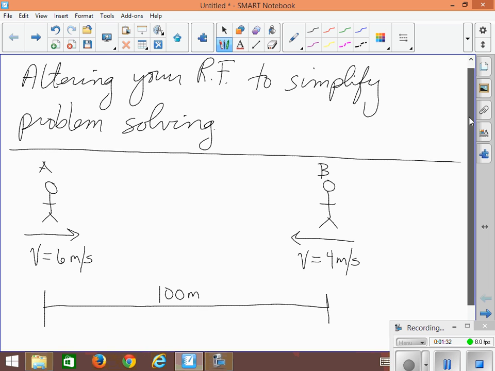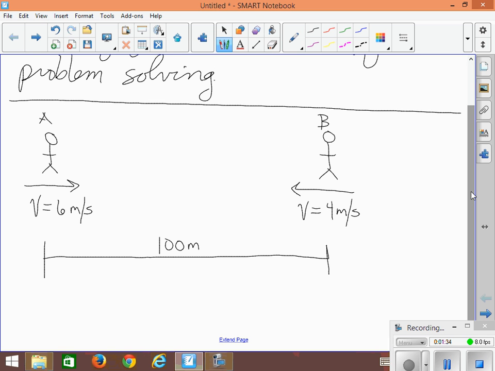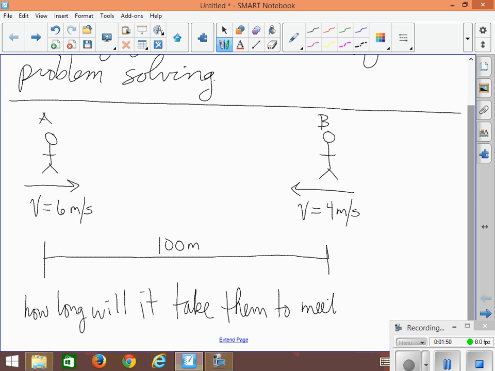And what we want to find out is how long will it take them to meet, to crash into each other. So we're looking for the time it will take for them to meet.